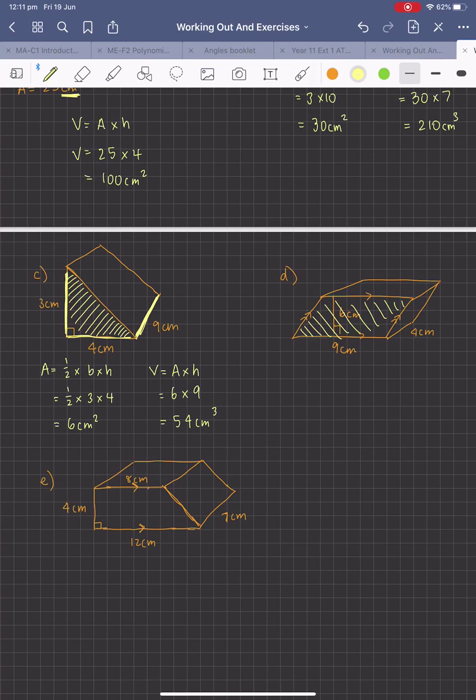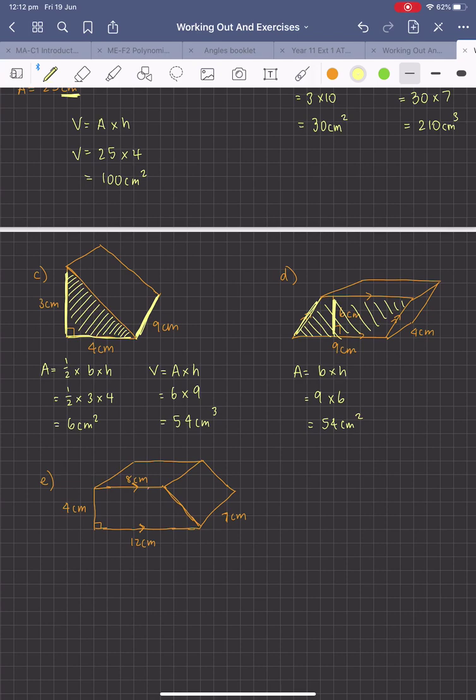I need to ask myself, what shape is that? Well, that's a parallelogram. How do I find the area of a parallelogram? Base times height. Remember, that's the base times the perpendicular height, not the slant. So not the side length, we need the perpendicular height here. So it's 9 times 6, which will be 54 centimeters squared.